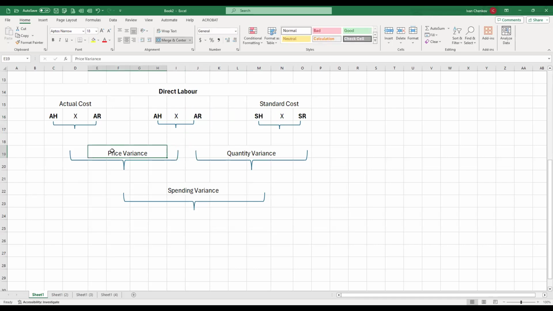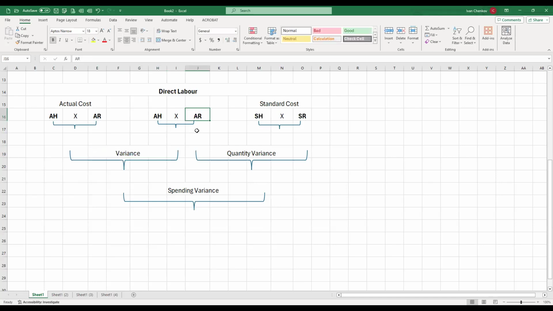Evan, for the middle part it should be the standard rate, is it? The middle part should be actual hours and the standard rate.